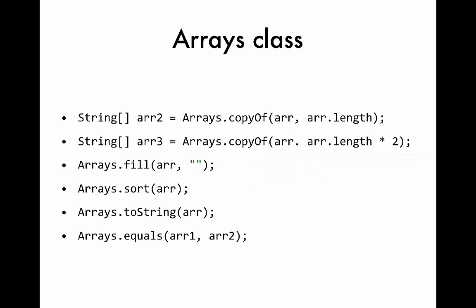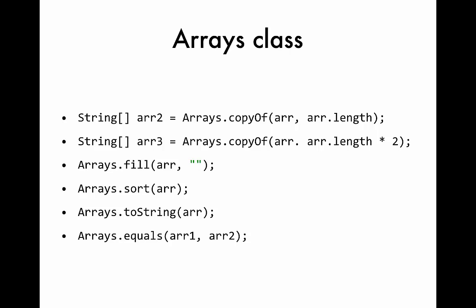You can also sort arrays with the Arrays class. This assumes that the elements in the array have some natural ordering. In the case of strings, the natural ordering is alphabetical, or more precisely, alphanumeric. You can print the string value of an array in a natural way using the Arrays.toString method.